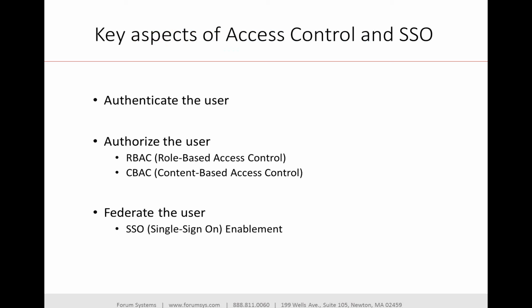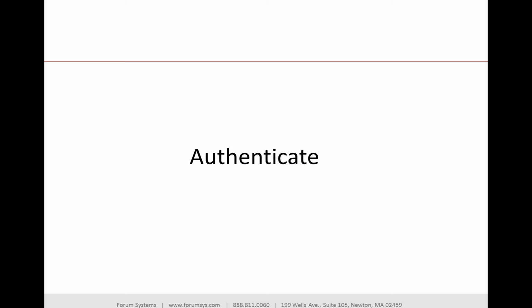And then finally, federation of the user is the intent by which to use a credential, some information about a user, such that it can be used for single sign-on across different systems and across different services. Those key aspects are what we're going to focus on first, to break them down into what it means to support that from an access control and SSO perspective.